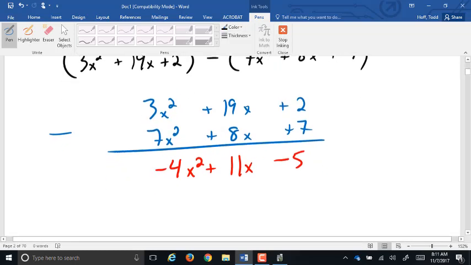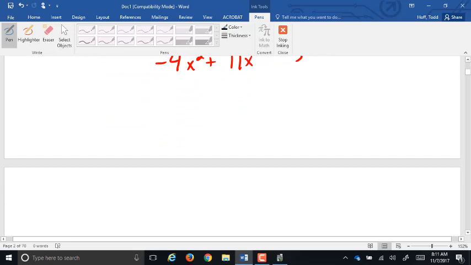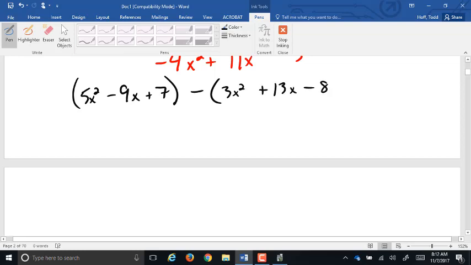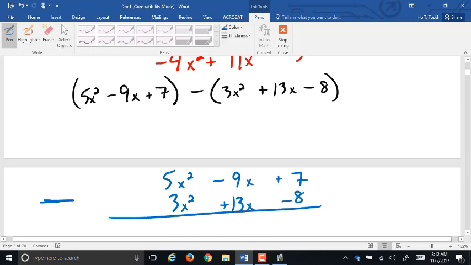But where it becomes more difficult with the subtraction is when we throw in stuff like this. So I'm going to drop down here. And we have to remember we are subtracting.